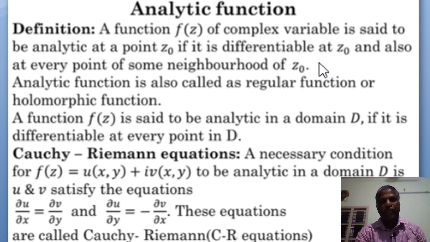That is, it is not only differentiable at z0 but also at every point of some neighborhood of z0. That neighborhood means the points around z0, all the points around z0, that is less than z0 or greater than z0.